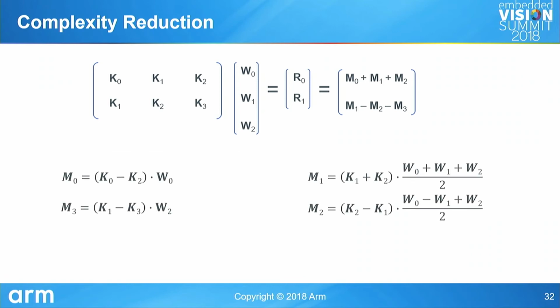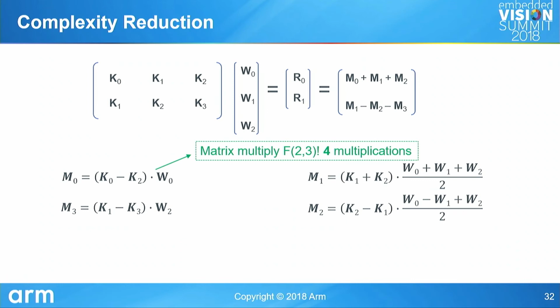So now, instead of having 4 multiplications between scalars, now we have 4 multiplications between matrices. How many multiplications do we need to perform each matrix multiplication? Just 4, because we have seen before the structure of the submatrix when talking about the 1D Winograd.